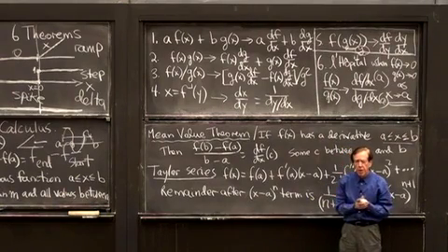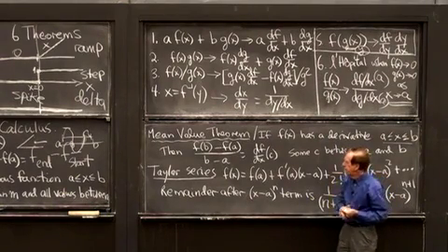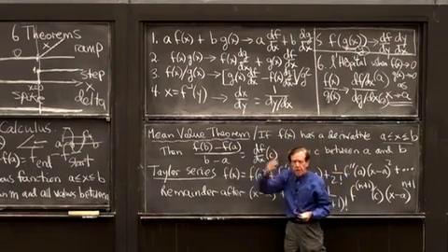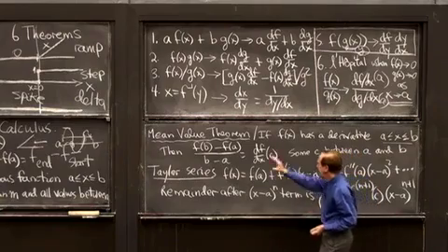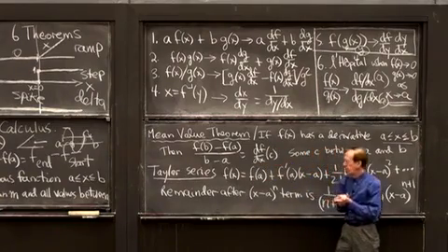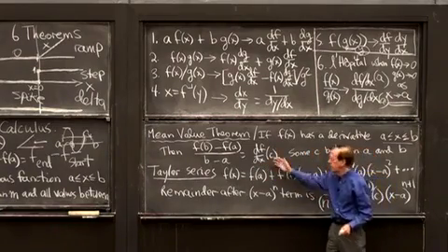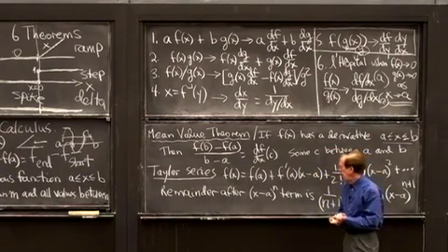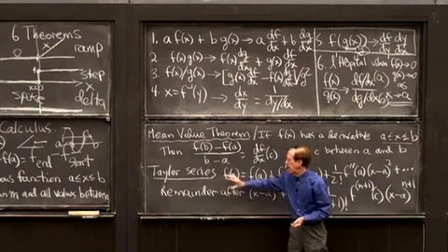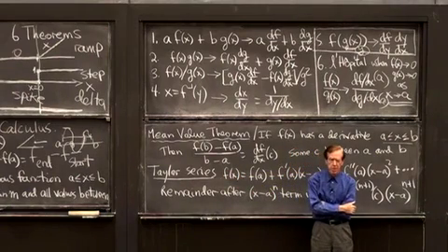That's the mean value theorem. Mean value is another word for average. So the mean value equals the instant value at some point, but we don't know what that point could be. Okay, now I'm ready for the last two theorems.